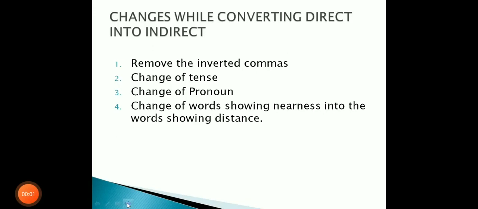Now we will come to know the procedure of changing direct speech into indirect speech. The first step is to remove the inverted commas. Put that between the reporting and reported speeches. Change of tenses. Change of pronouns. Change of words showing nearness into words showing distance.